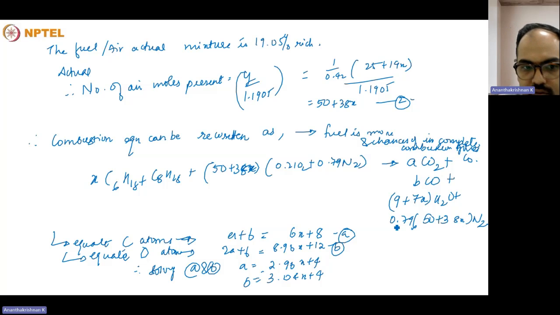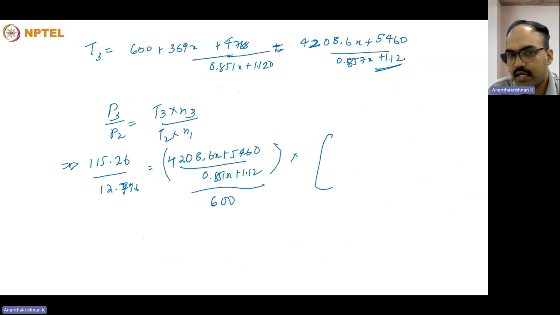So that will be 51 plus 39x. And on the right hand side, we have 0.79 into (50 plus 38x), into (9 plus 7x) of H2, and A and B that you determined for the carbon monoxide and carbon dioxide.